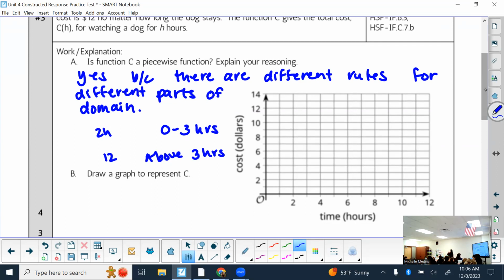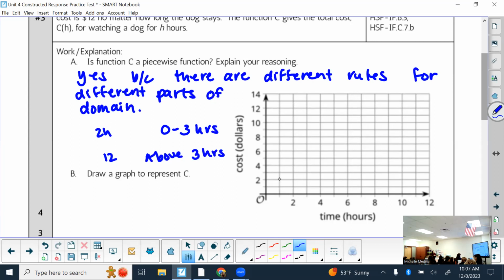To graph it, just start inputting values. When it's 0 hours, how much are they paying? $0. When it's 1 hour, how much are they charging? $2.